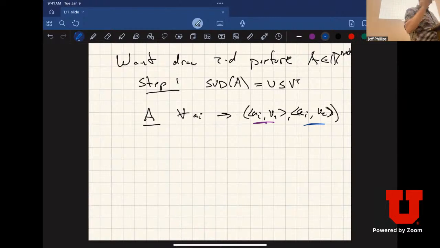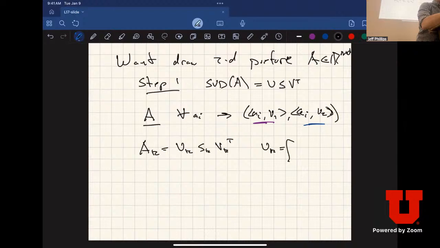The other way of doing it is I can take U_2. So if I have A_k equals U_k S_k V_k, and let's say U_k is equal to u_1, u_2, up to u_k, well, then I'm going to take these first 2 vectors here.